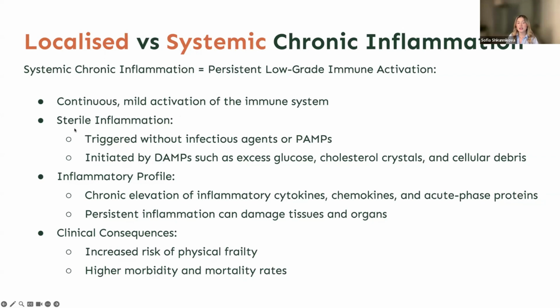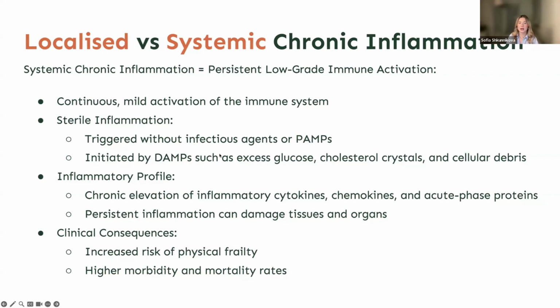It can also be initiated by DAMPs, so damage-associated molecular patterns, such as excess glucose, cholesterol crystals, and cellular debris. In terms of the inflammatory profile that we'll be seeing in systemic chronic inflammation, it is the elevation of inflammatory cytokines, chemokines, and acute phase proteins. This is all that we will be discussing in the second part of the webinar. And this persistent inflammation can damage tissues and organs.